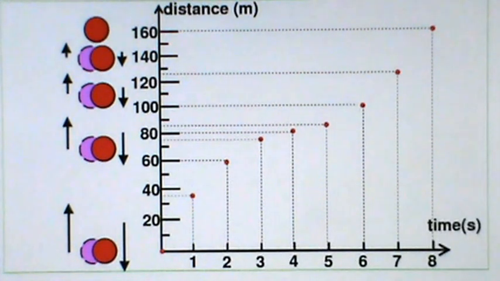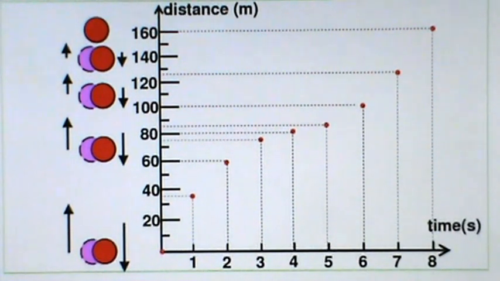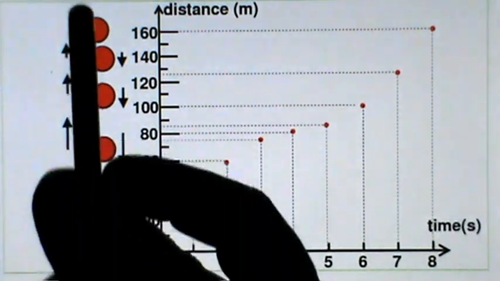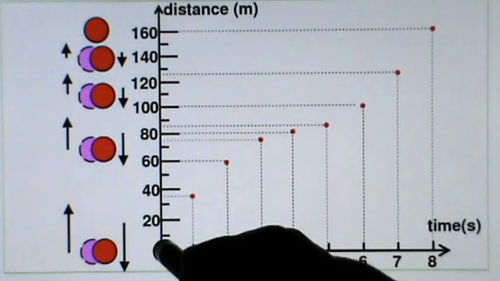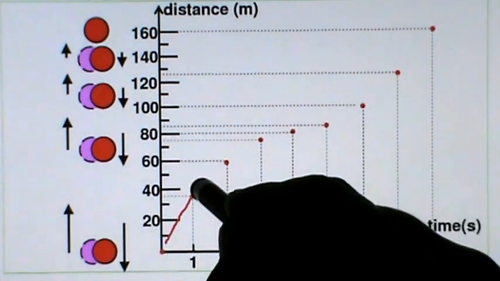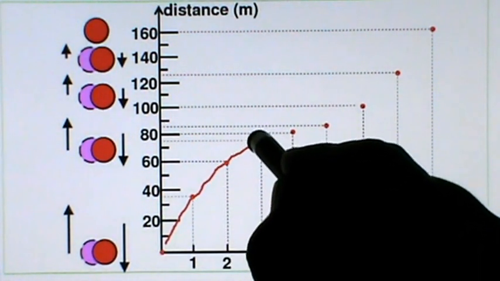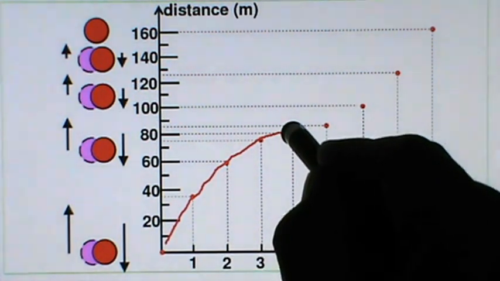Here we will discuss the distance versus time graph for the overall motion of the ball. As you saw previously, for the upward motion the distance versus time graph is like this.